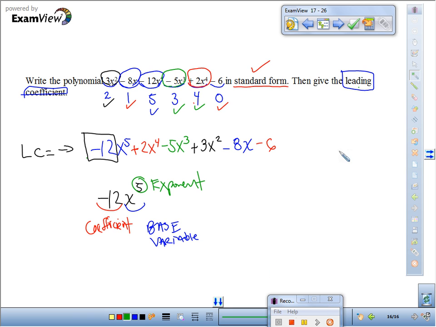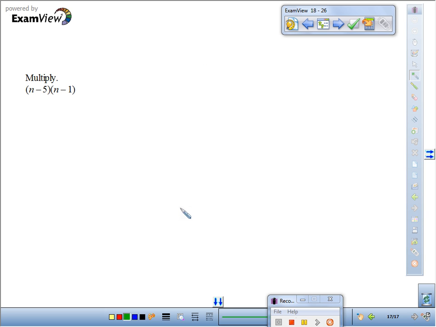Okay, let's move on. Number 18. Multiply. Yay, our favorite. Here we go. So I'm going to start. I'm going to circle the n, and I'm going to multiply that times these two terms. So what is n times n? N to the 2nd.